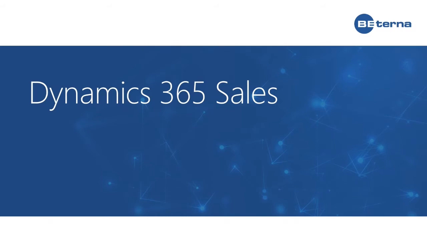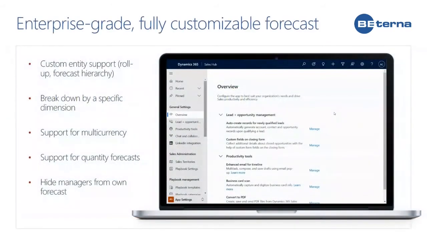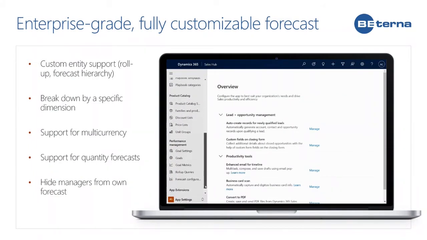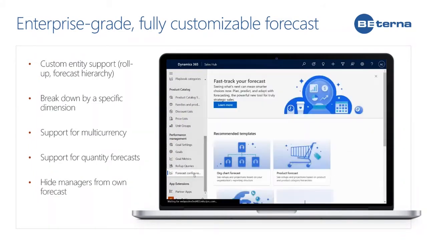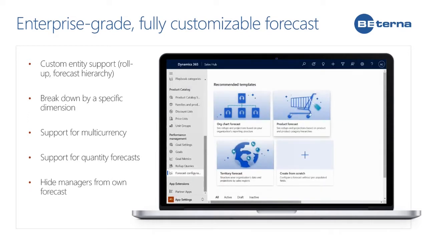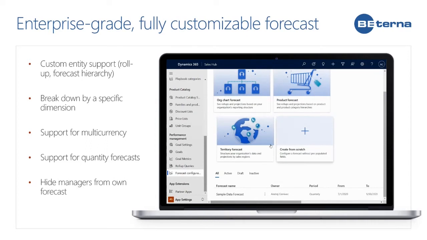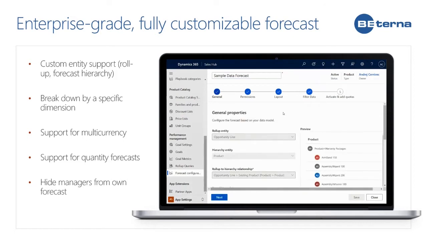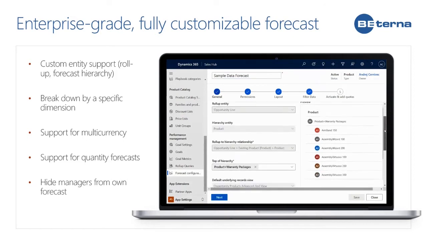So the first one, let's dive right in, is enterprise-grade, fully customizable forecast. As I mentioned before, Microsoft already did a big step in the previous release. We got this amazing forecast where you could roll up opportunities by territory or by hierarchy, and you could add additional manageable columns and such.